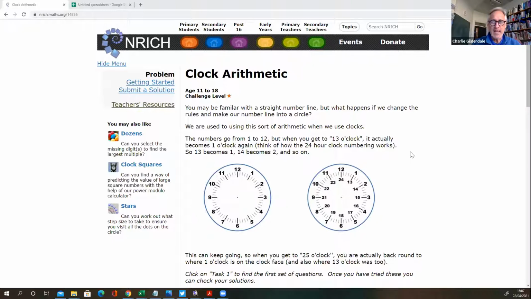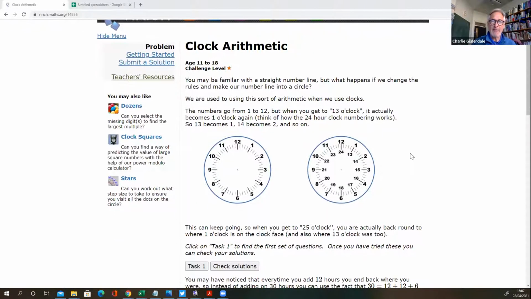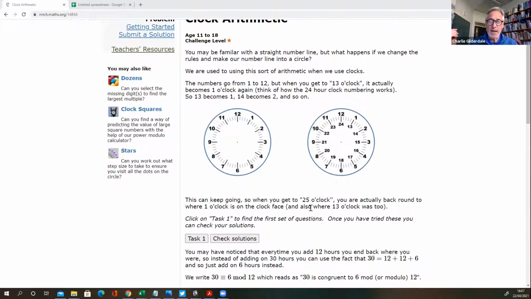So it starts there with an image of a clock, using a clock as the model for what we're going to be talking about and how we'd like students to be thinking about modular arithmetic. So 12-hour clock, and then the first task that we have asks some questions like this.